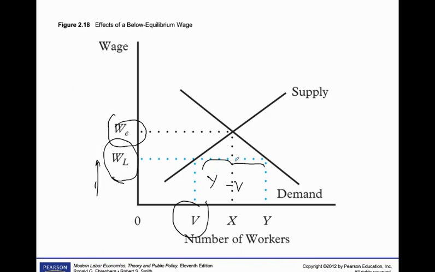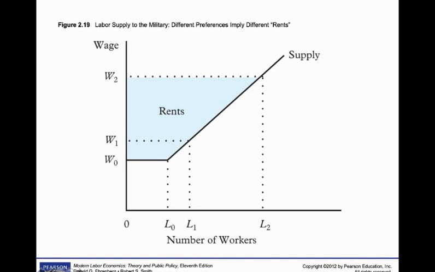Now let's consider the labor supply curve for the military. Let's say that the military is to hire L1 number of people, and to hire L1, it must pay W1 wage rate. Let's consider W1 a relatively low wage rate, and not many people therefore are attracted to join the military.